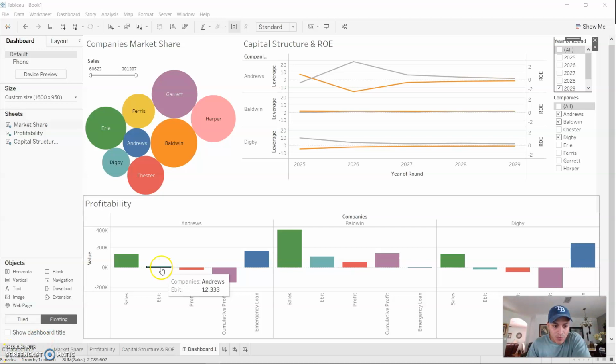Andrews, for example, was able to return a positive earnings before interest and taxes, but its interest cost was way too high, so it actually was not able to be covered by its EBIT, and it returned a negative profit, which just deepened again its cumulative profit.